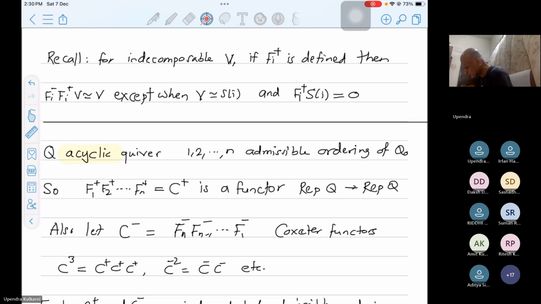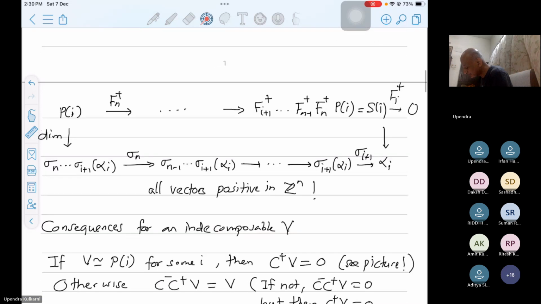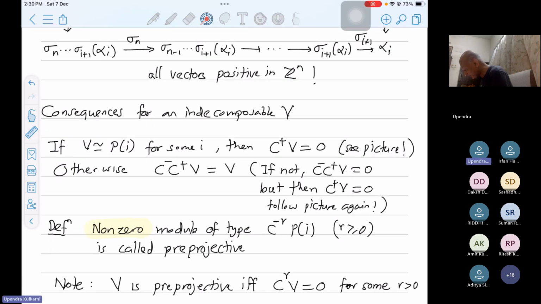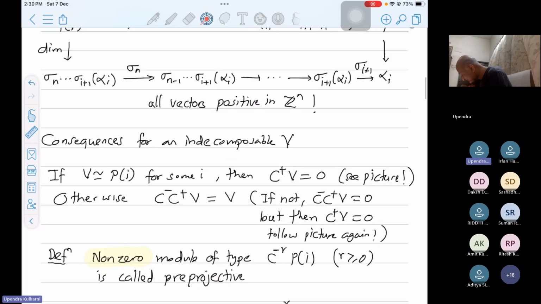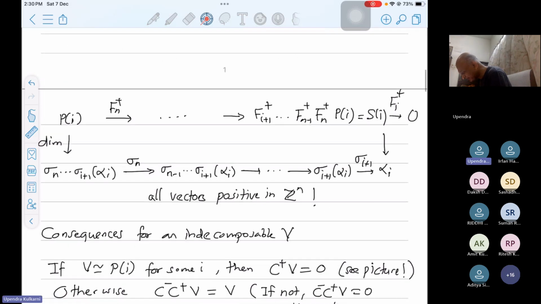All right. So if not, I have to become 0. But then if C minus of C plus V is 0, then C plus V itself has to be 0. Just think about it. If C plus V is non-zero, then just look at what's happening in the picture.